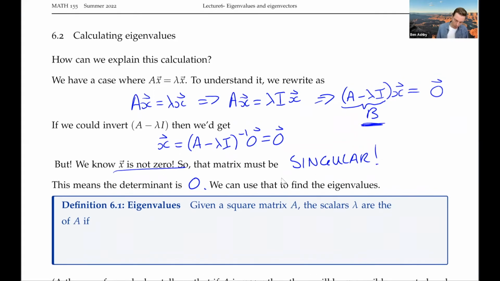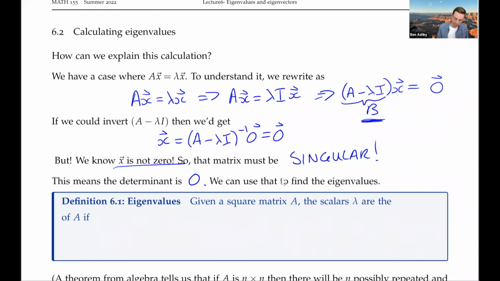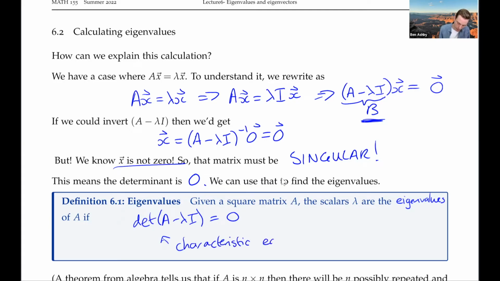So for a square matrix A, the scalars lambda are the eigenvalues of A if the determinant of A minus lambda I is equal to 0. And this equation here is called the characteristic equation of our matrix A.